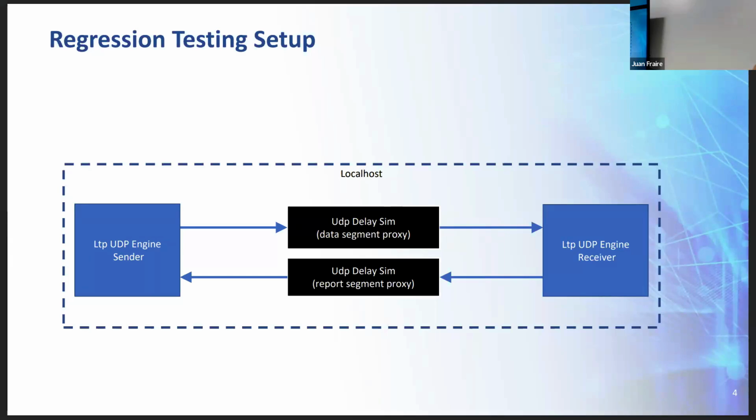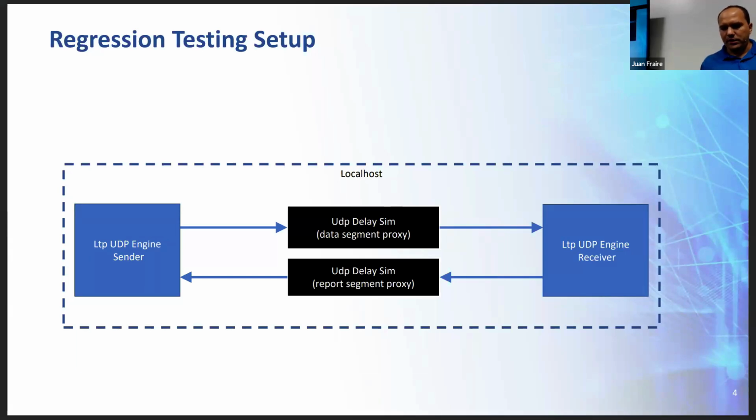Now, rather than connect them directly together, we have a utility process built into HDTN called our UDP delay simulator, acting sort of like a proxy or a middleman. It's going to intercept these packets, and it's going to apply a delay that you specify to these packets, similar to how LTP would be in real life.